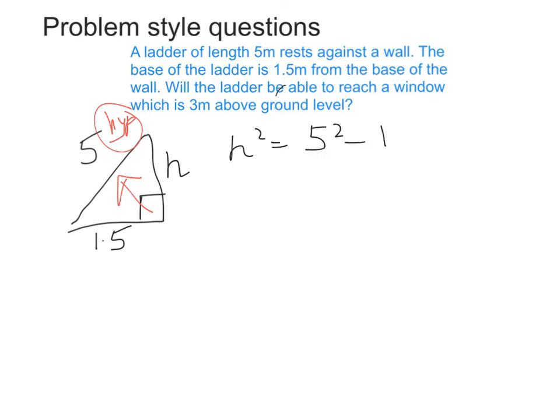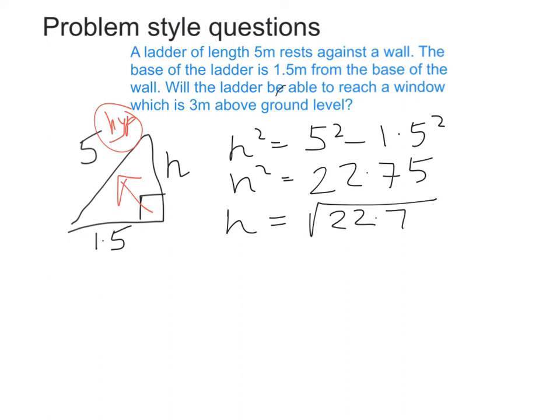So 5 squared take away 1.5 squared. If we work that out, we get 22.75. To find the height, I have to then square root that. So the square root of 22.75 is 4.8 metres.